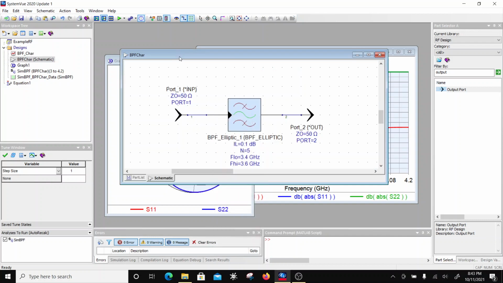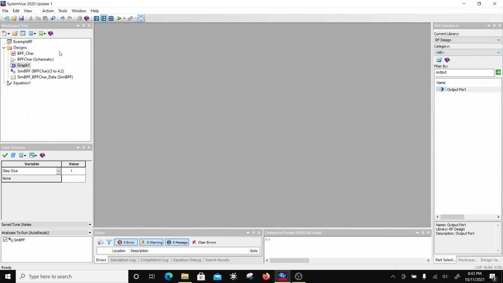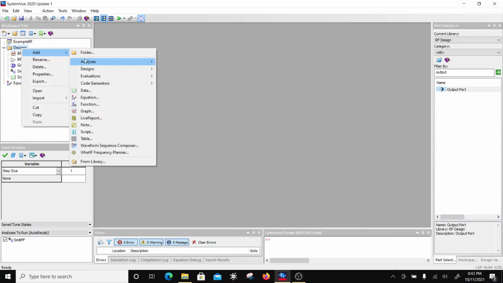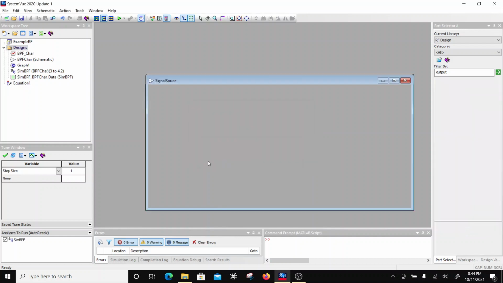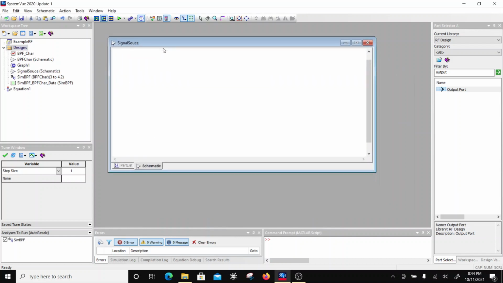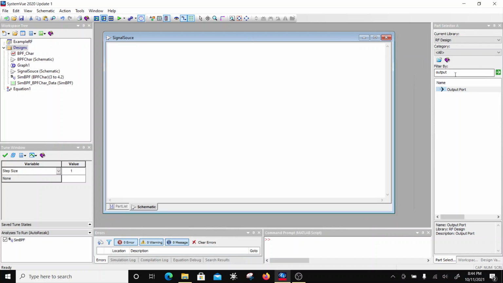Now let's look at some other examples. So we can close this. I can make a new design here, and I would name this signal source, okay, and say okay. And in this design I'm going to put a signal source here.